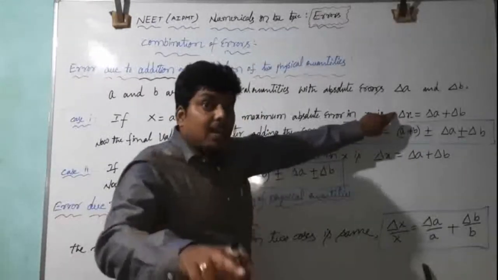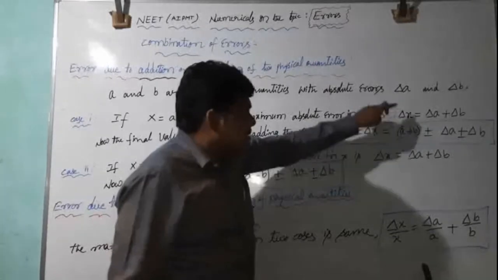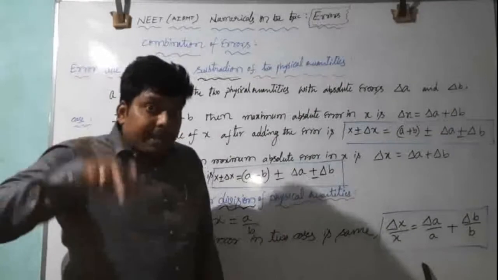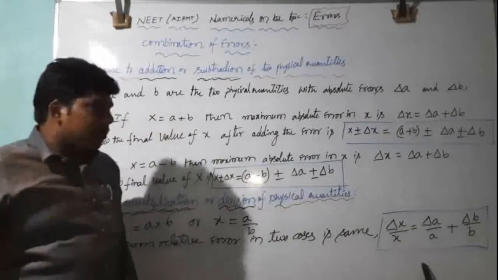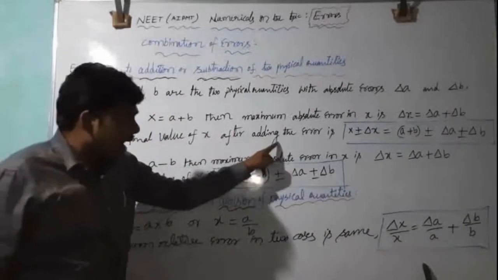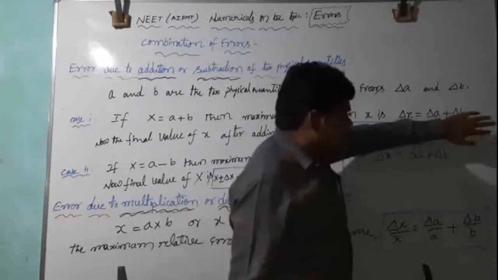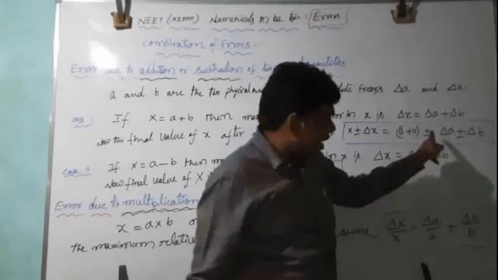Whether you add or subtract, delta x is equals to delta A plus delta B only. But you should remember the final value. If the two quantities are added, x plus or minus delta x is equals to A plus B, plus or minus delta A plus or minus delta B.